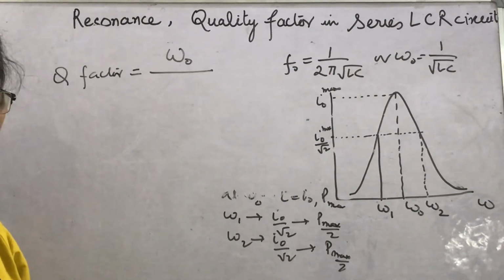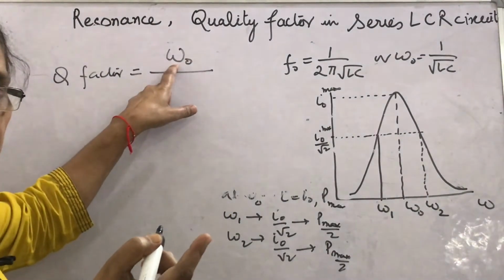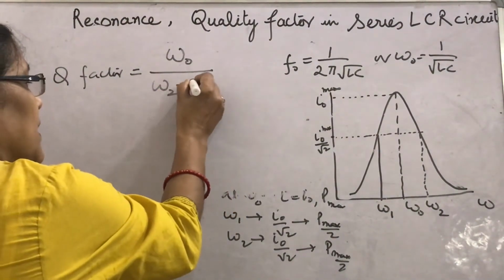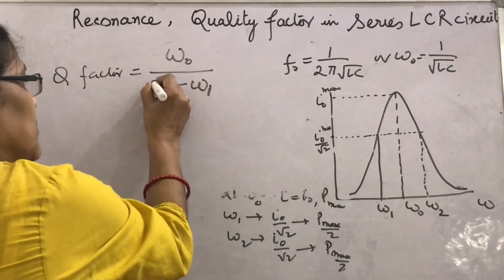At resonant frequency omega naught, we have written, then this is called omega 2 minus omega 1.